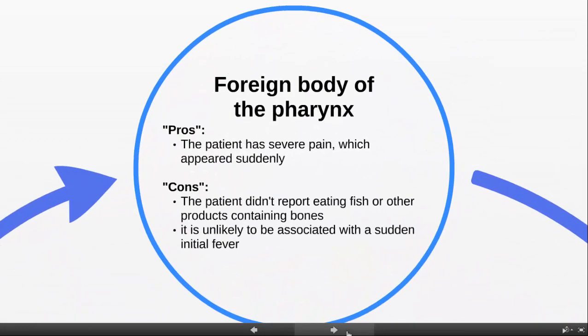I may think about foreign body of pharynx because the patient had pain in his throat which appeared suddenly. As for cons, I will probably not think about it because the patient didn't report eating fish or other products containing bones. It is unlikely to be associated with the sudden initial fever which our patient has. So, definitely it's not foreign body of pharynx.